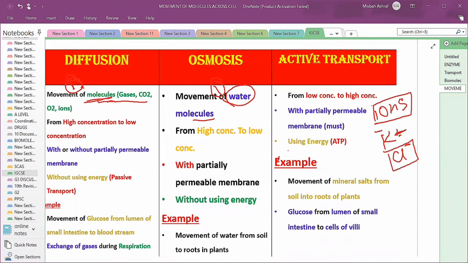So sodium chloride, potassium chloride, when they are split into the ions they are made up of, they have some charges on them, and the charges are because of the gain or loss of electrons. You will study this in chemistry, right? So those molecules, mostly charged ions, move by the process of active transport. Some other molecules can also move by active transport if they are moving from lower to higher concentration.